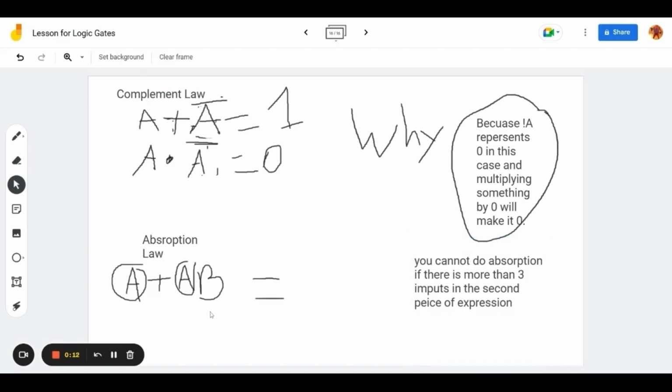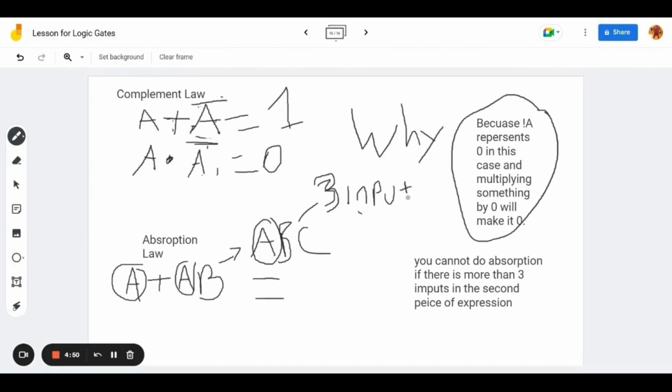What I mean by this is that if it wasn't A and B, if it was something like A, B, C, even though A is common between A and ABC, I would not be able to do it, because it has three inputs and not two, like here. That's what I mean by you cannot do absorption if there are more than two inputs in the second piece of the expression.